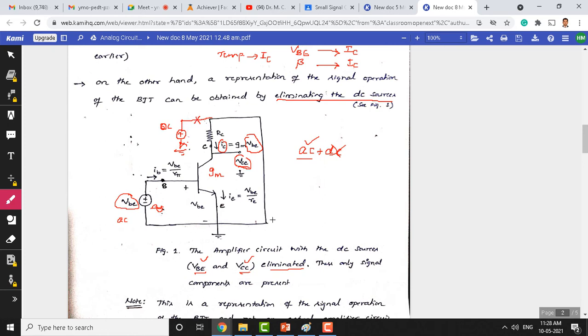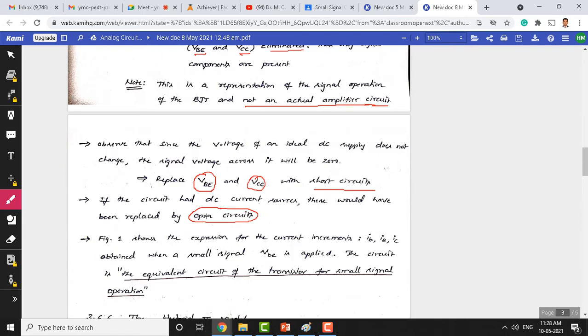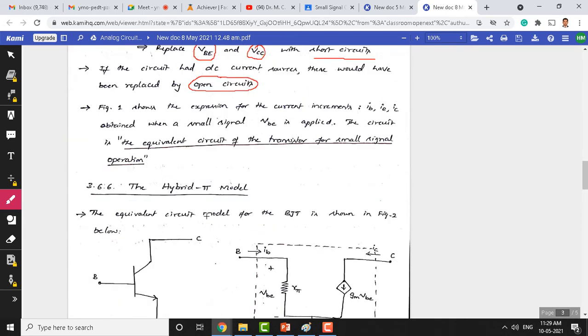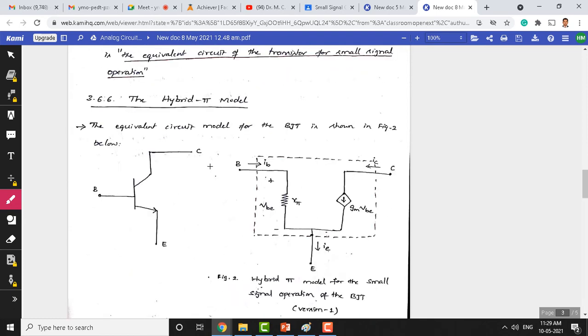Because the overall signal that we consider here is only the AC signal, and the AC input that we apply is very small, not even in volts, it is in millivolts. Therefore the circuit can be called the small signal equivalent circuit. With that background we can move on to the important model of a BJT, which is the hybrid pi model.